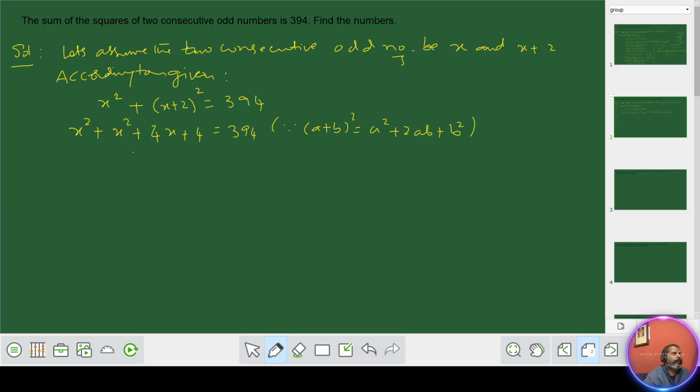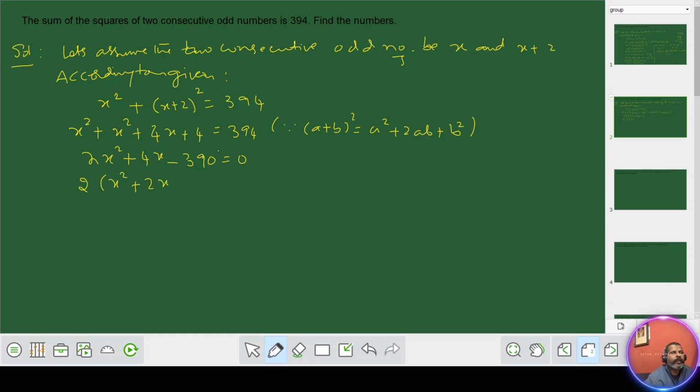Okay, simplify it. Take 394 to the left side. x square plus x square is 2x square plus 4x. 394 on the left side will become minus 394 plus 4 will become minus 390. Okay, then here we can take out 2 common. x square plus, please observe the quadratic equation.